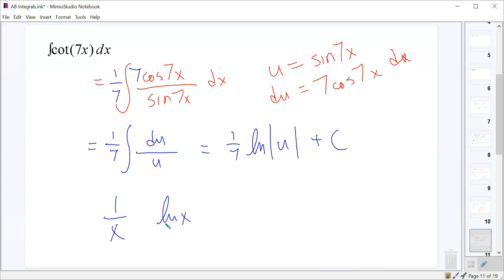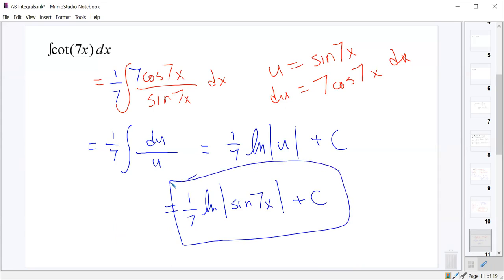So in order to have an antiderivative of this that is defined for all real numbers except for 0, we put an absolute value around it. But make sure you know that one because it shows up a lot. And now we'll replace the u with our u, which is sine 7x, plus our constant. Everybody good there or no?